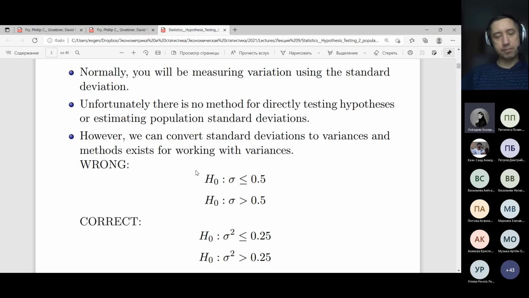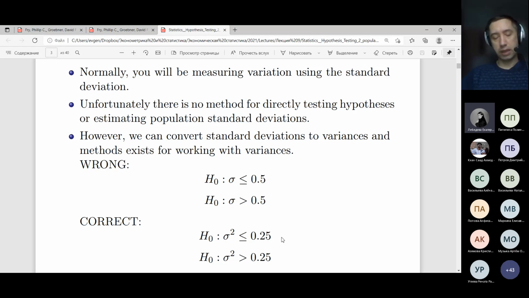But here you cannot use the standard deviation letter to formulate the hypothesis, because when we compare standard deviations, we calculate variances and we work with variances. Hence, to formulate the statistical hypothesis, you have to rely on variances first, and you have to transform numbers if you need to, like so, the square of 0.5 is 0.25.